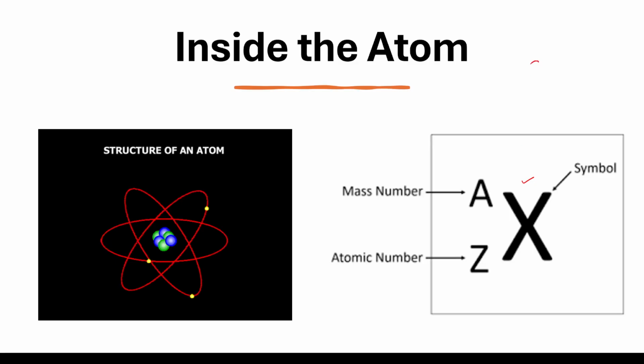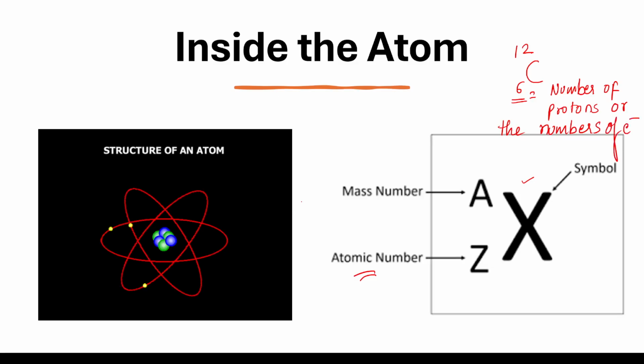For example, if I write C, 6 and 12, this 6 here is the atomic number, which gives the number of protons or the number of electrons. Every element, if it is neutral, will always have protons and electrons equal.